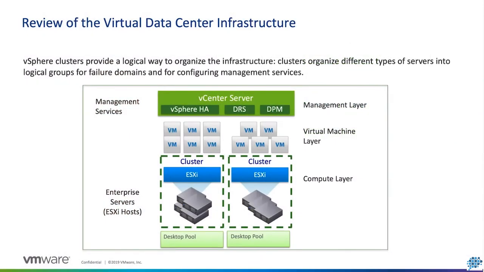Typically within vSphere we utilize the features of vSphere HA, high availability, DRS, the distributed resource scheduler, and for sure there is the option to use distributed power management as well, which makes sure that workload is migrated, physical servers are shut down and powered on again after a certain amount of time.